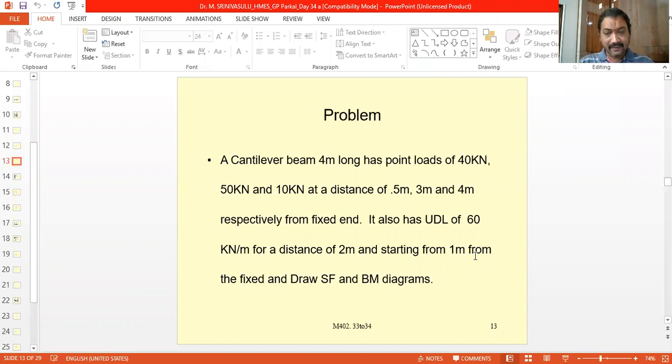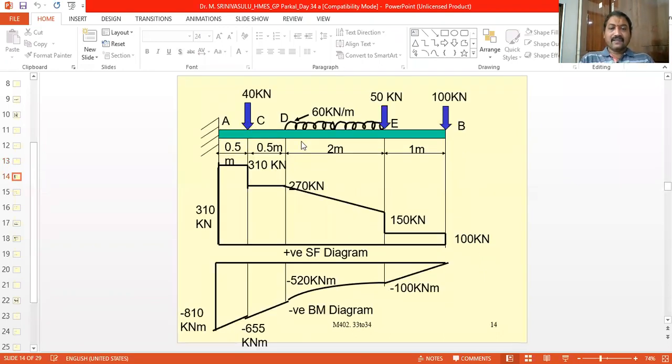Now, first of all, we draw the figure. This is the cantilever shown with green color. Here the total length is equal to 4 meters. So then proportionally we draw. Then depending on the requirements, we have to divide the length.